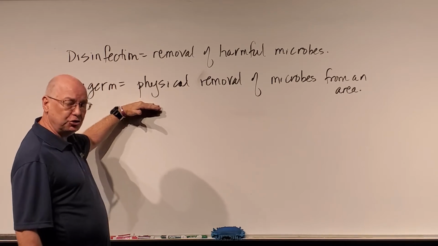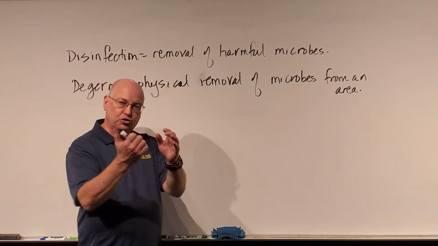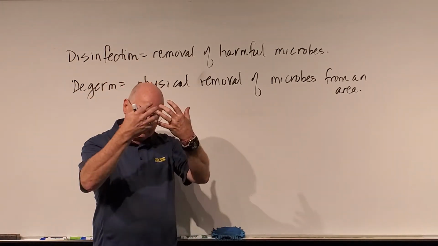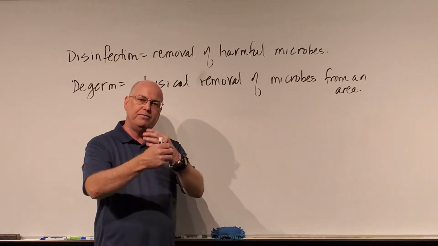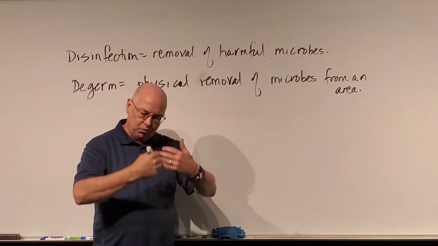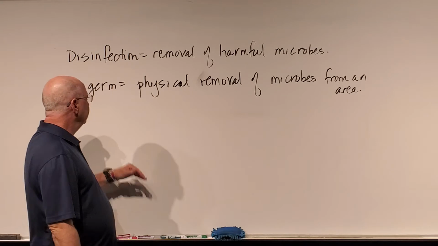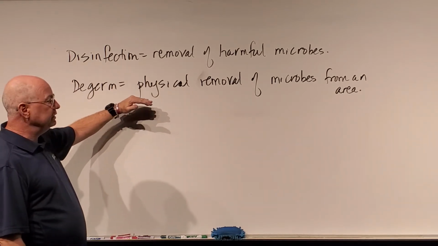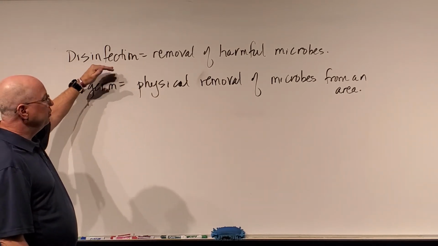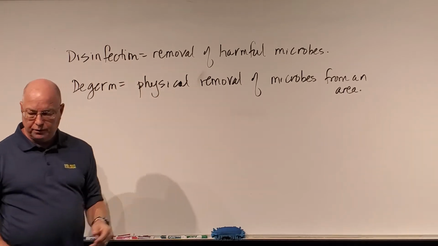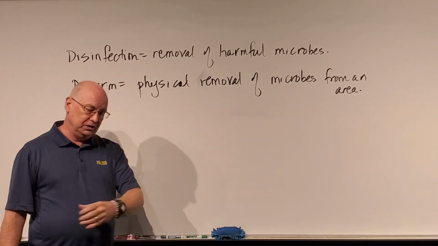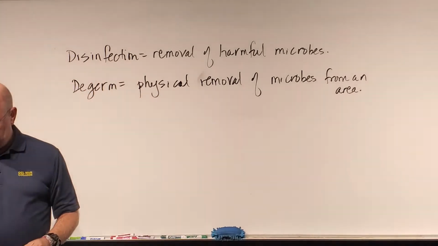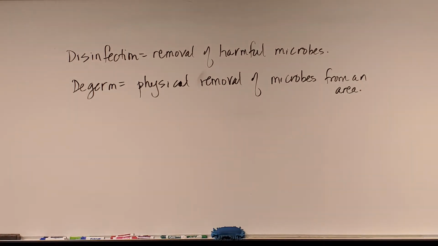And there's the degerming. As you scrub, part of the physical scrub and the rinsing is to physically remove bacteria from the surface, wash them away, and decrease their numbers. So to degerm is simply the physical removal, where a disinfectant removes the harmful microbes. To sterilize means you kill all the life forms present. We can't do that with our skin.